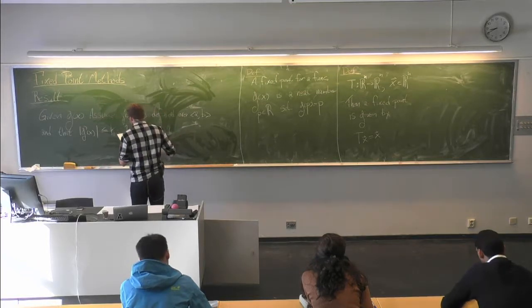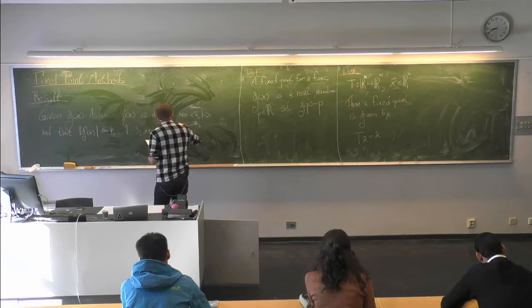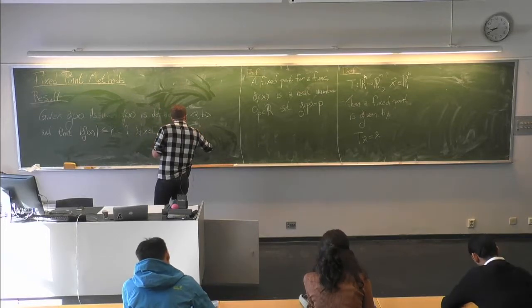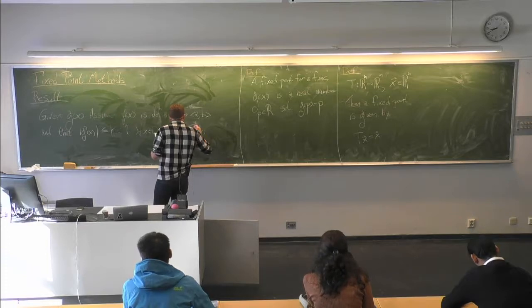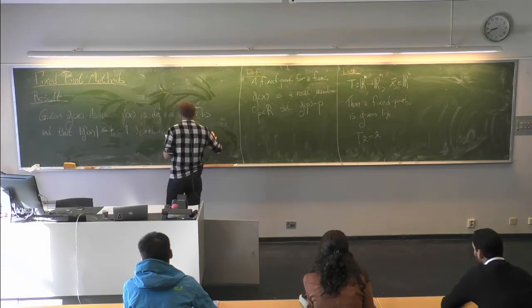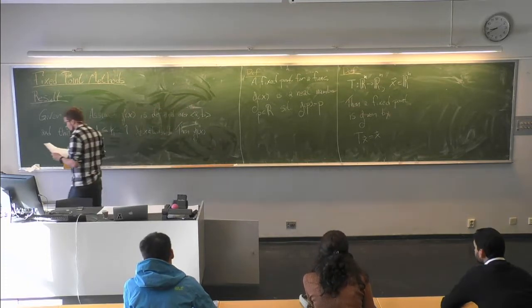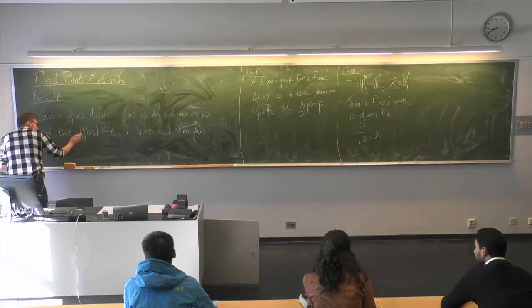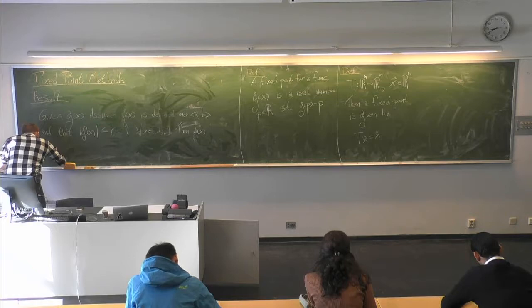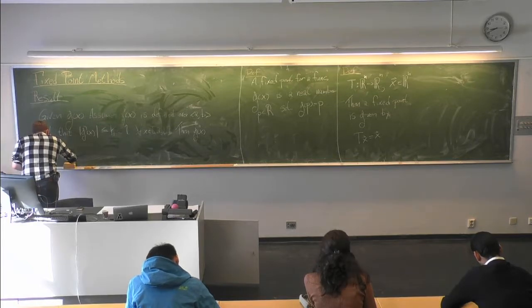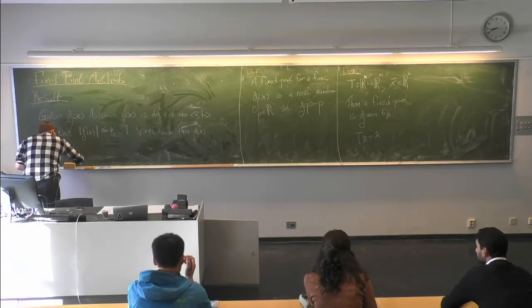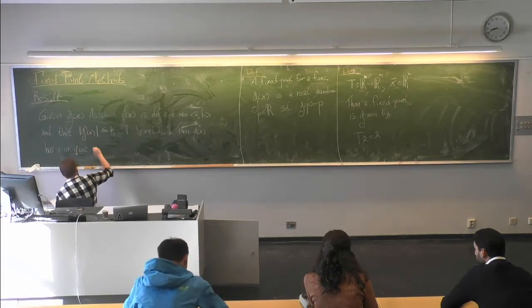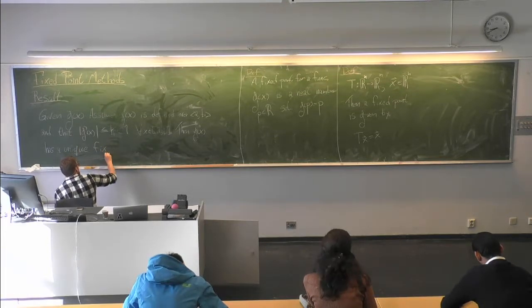Then g of x has a unique fixed point. This doesn't exclude other fixed points, but now it has a unique fixed point inside this interval.